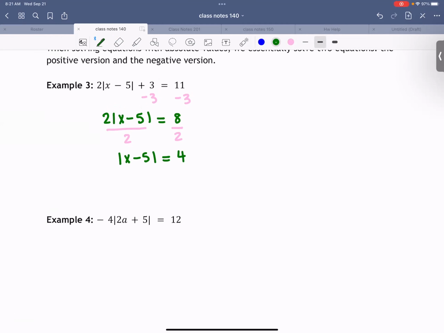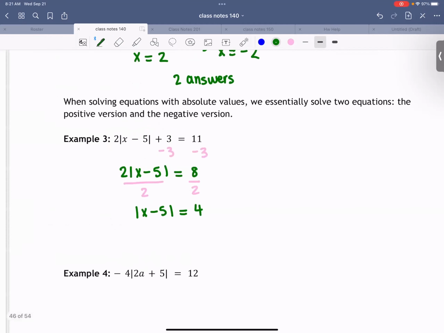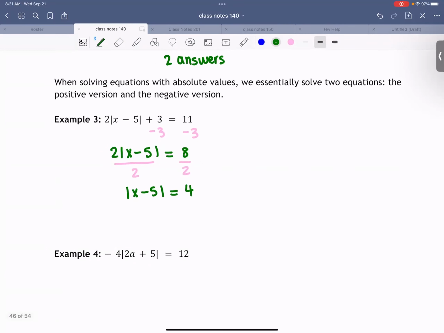Now we're at the point where we have the absolute value of something equaling 4. Just like we did in example 2, if the absolute value of something equals 4, then we have two solutions. We have the positive version, x minus 5 equals 4, and we also have the negative version, because the absolute value can either be a positive or a negative.